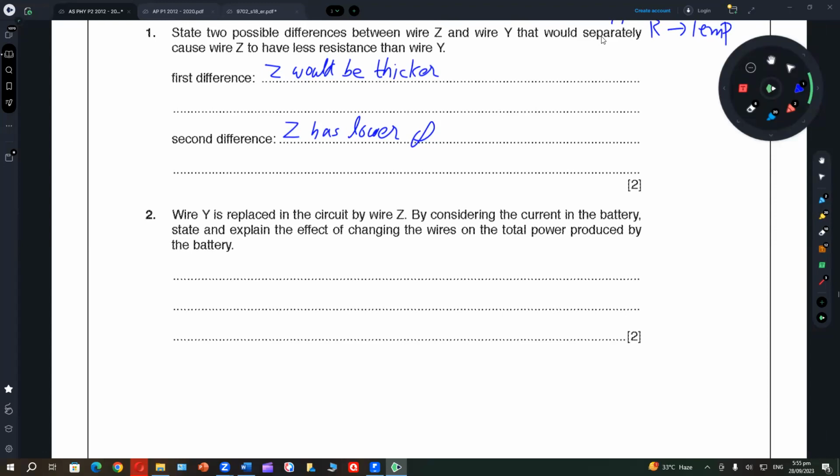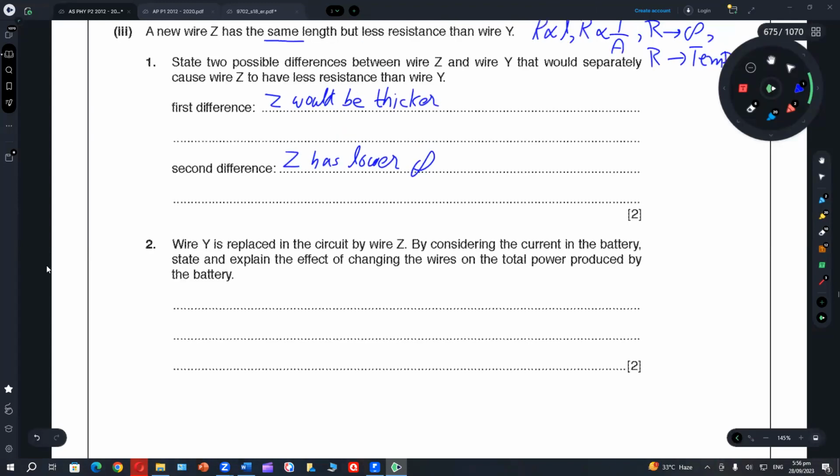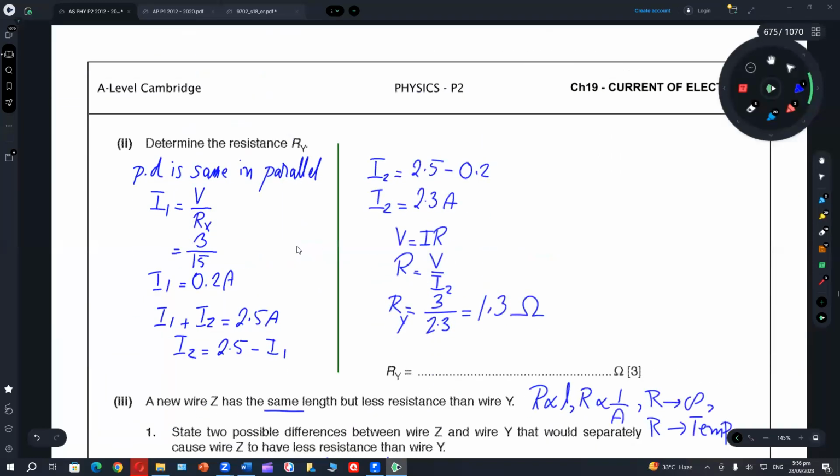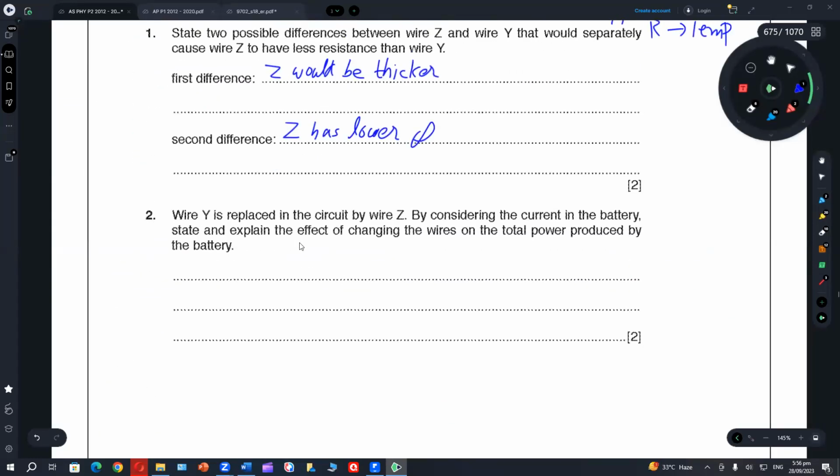Wire Y is replaced in the circuit by wire Z. Wire Z has less resistance, so less energy loss, less power dissipated.